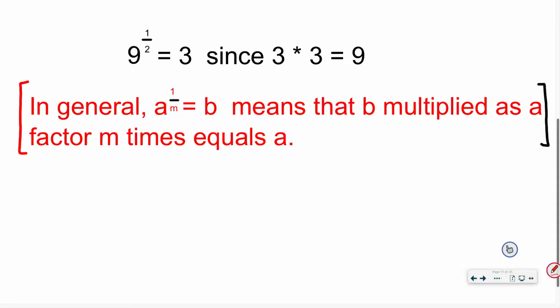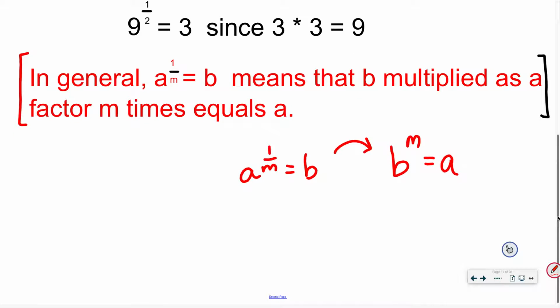It means that b multiplied to the m power will equal a. I'll rewrite it. So a good example would be 9 to the 1/2 equals 3. I'll put some other examples up. That whole thing should be written down.